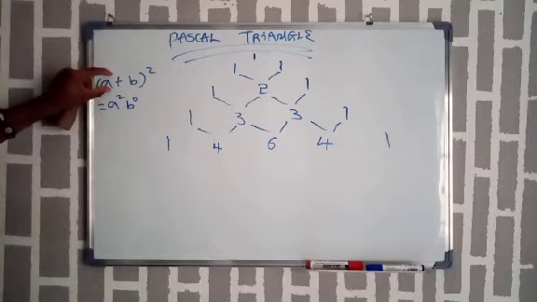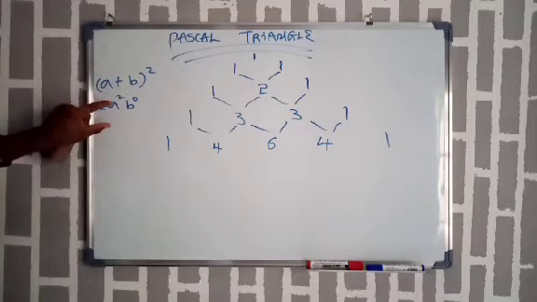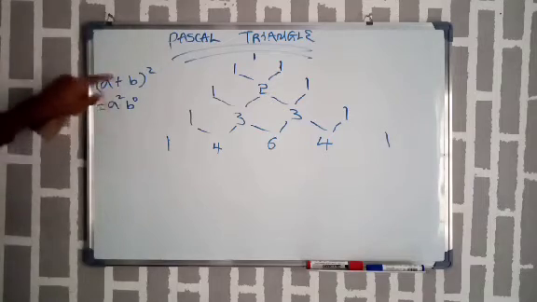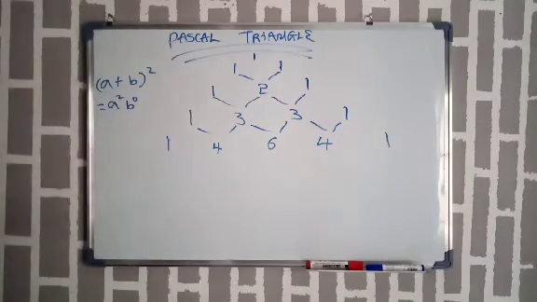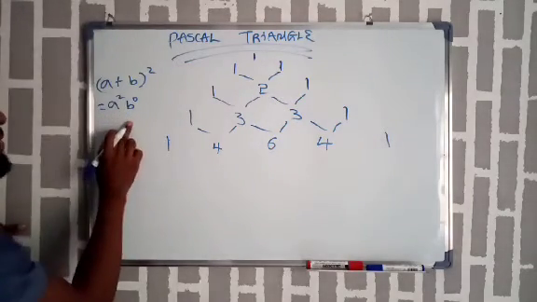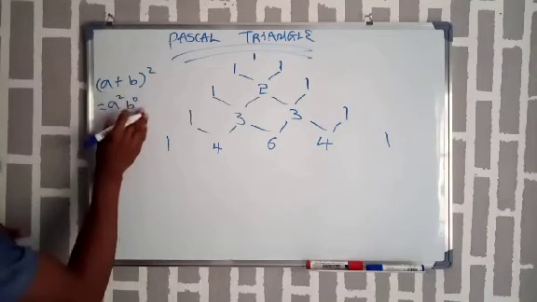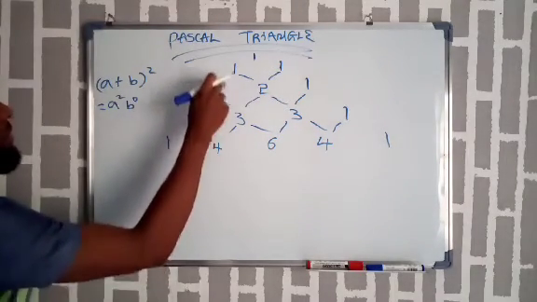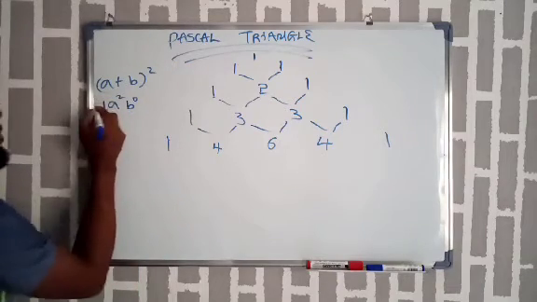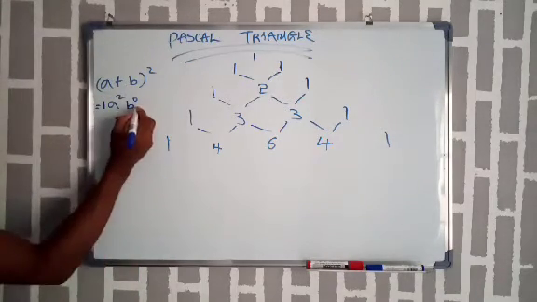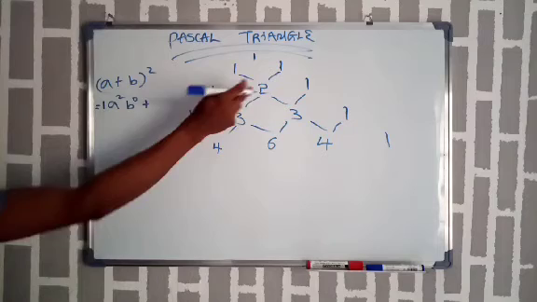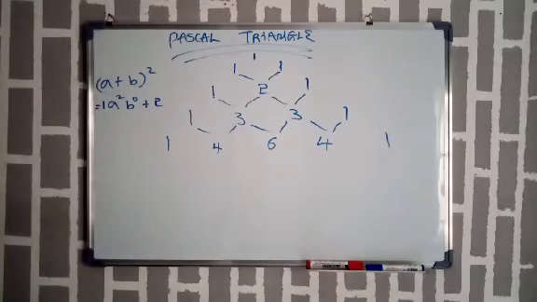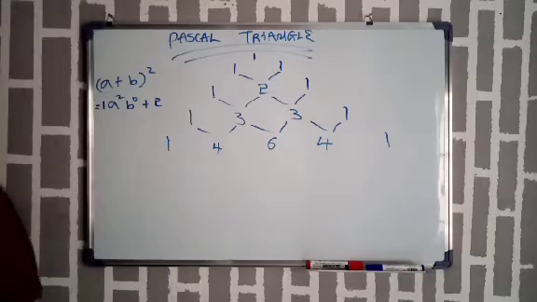The first term written here is going to take this power, and it will always be reducing. Why this will always be reducing, why this will always be increasing? So this is a square and b raised to power 0, and this coefficient is 1. Now we can write 2. We use Pascal's triangle to get the coefficients of an expansion.